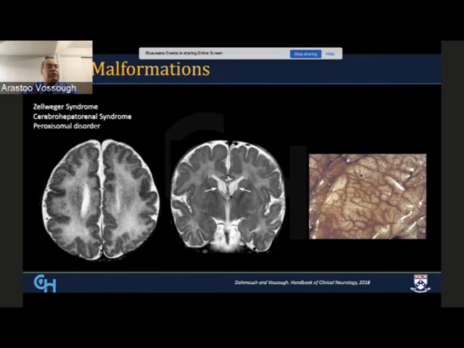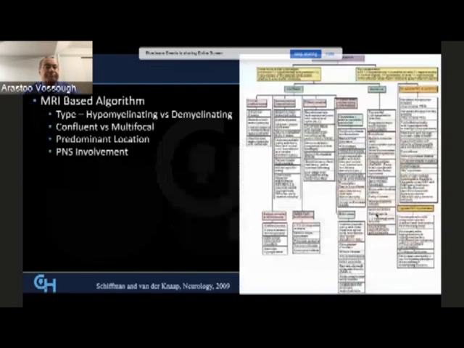This is a patient with Zellweger syndrome or cerebrohepatorenal syndrome. We can see extensive polymicrogyria, a malformation of cortical development, and these subependymal cysts. This is pathology showing the polymicrogyria. So sometimes you have these structural abnormalities along with the white matter changes in some leukodystrophies or leukodystrophy mimics.